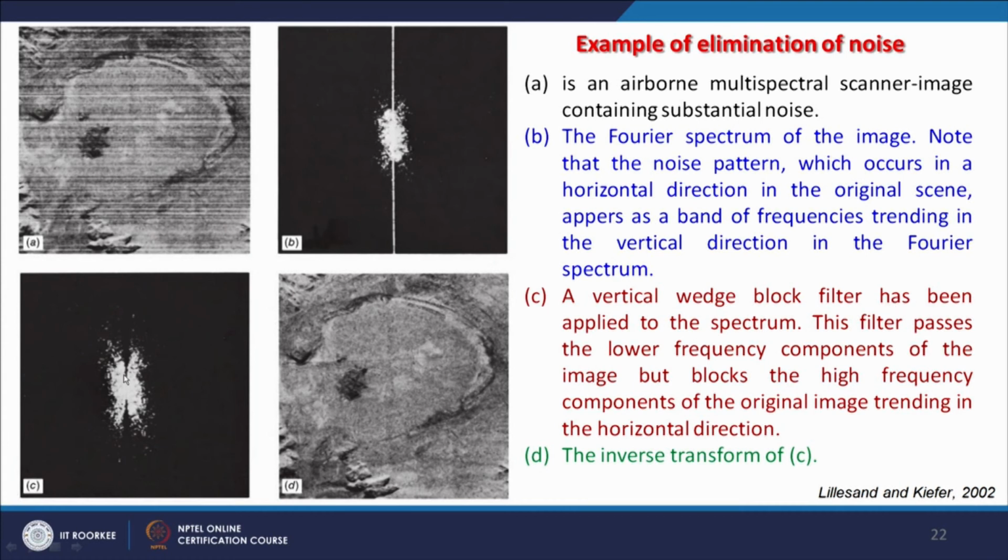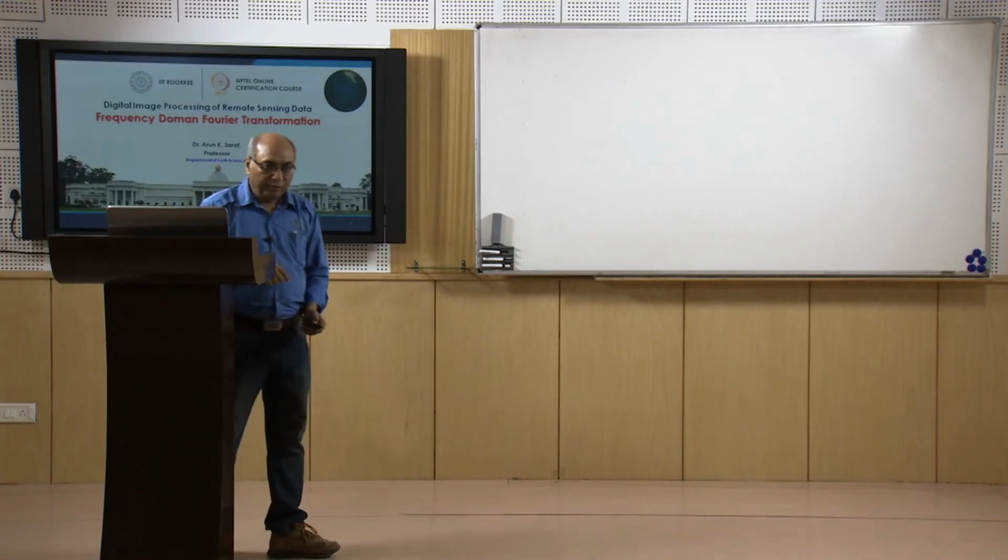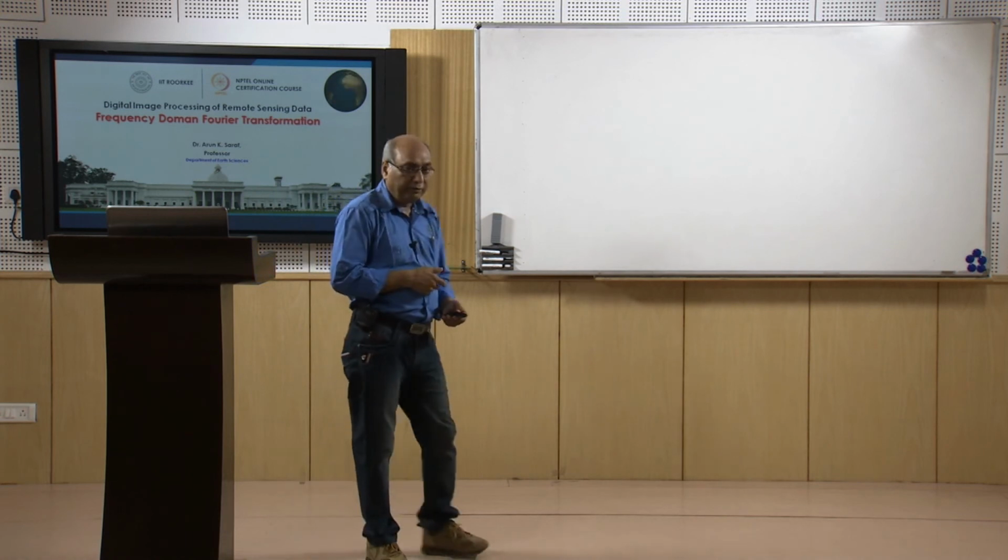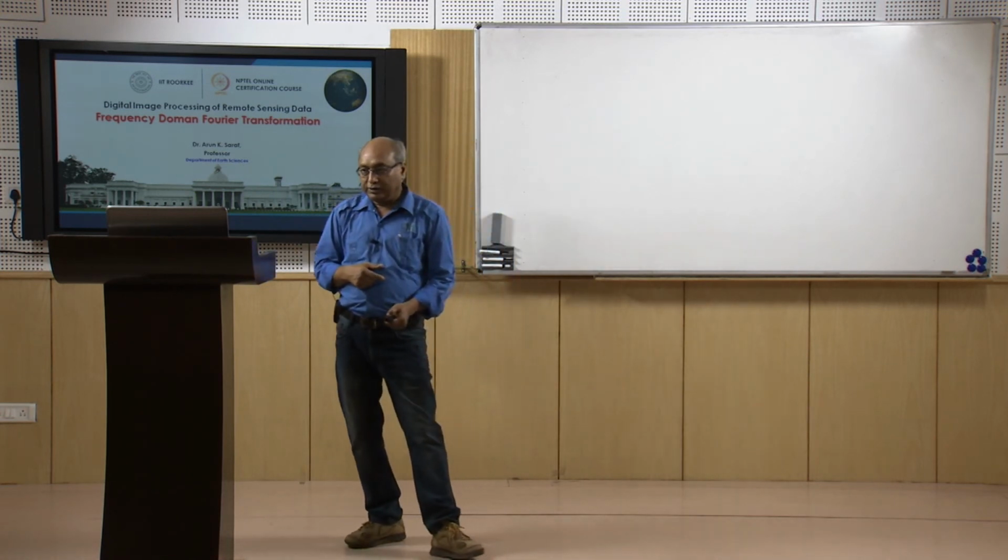This filter passes the lower frequency components of the image but blocks the high frequency, because these lines appear as high frequency components of the original image, and this is the inverse transform of C. So the image restoration is of very good quality with this analysis.